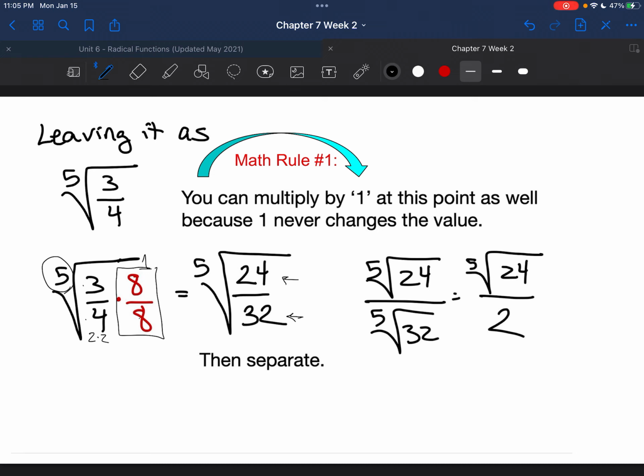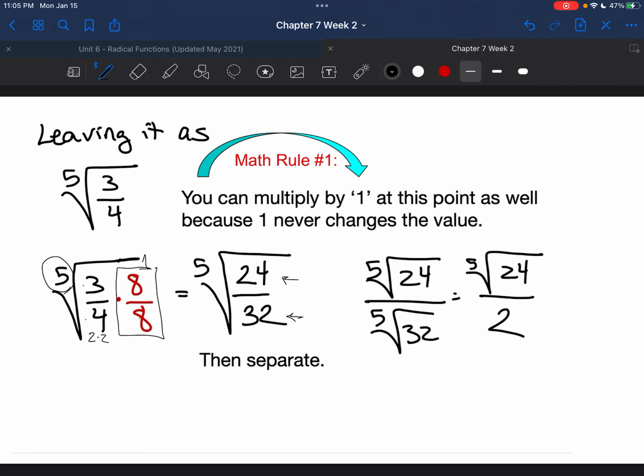Okay, so let's look at our notes worksheet. If it's a monomial, we're simply just going to multiply the numerator and the denominator by the exact same thing. Okay, why would we do that? Let's look at this one.